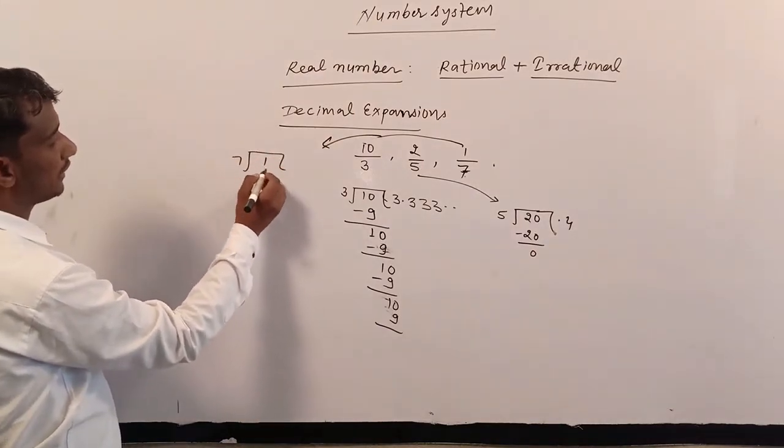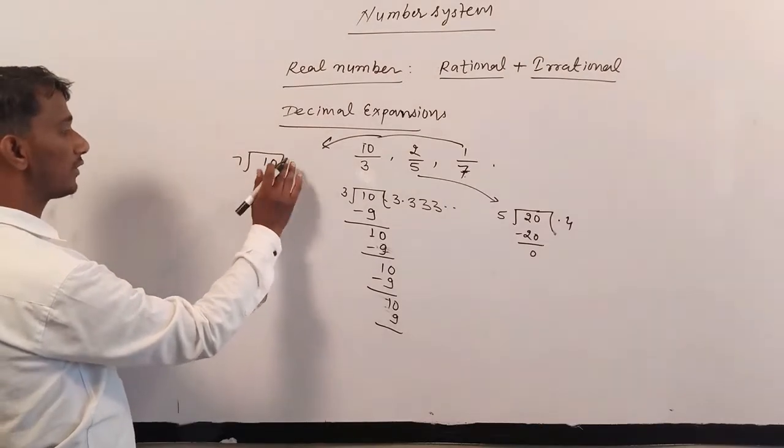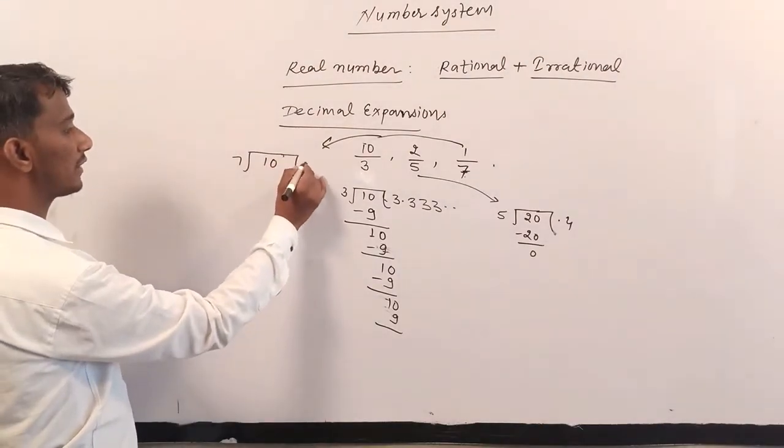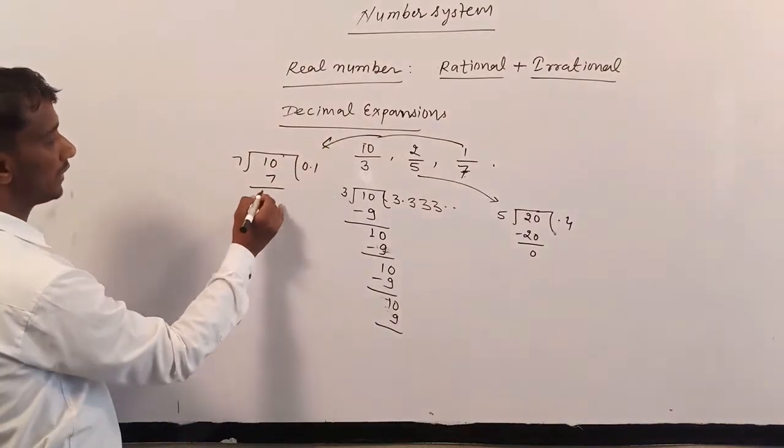1 upon 7, how to divide? We put 0 here and mark the decimal. 7 ones are 7, remainder 3.